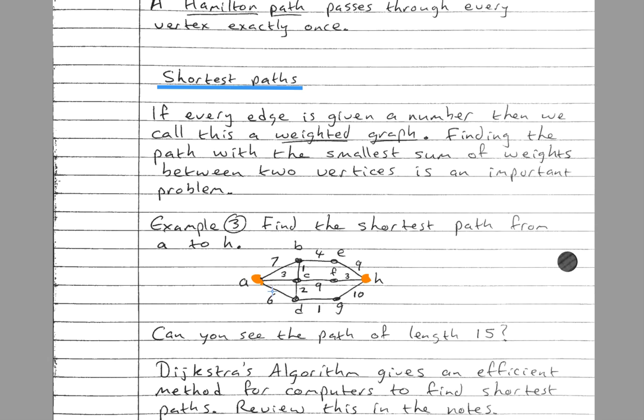For example, if you go this way, 6 plus 1 plus 10, this path has length 17. But maybe we can do better. I see some small numbers here, there's a 1 and a 1. If you go this way, 3 plus 2 plus 1 plus 10 is 16.